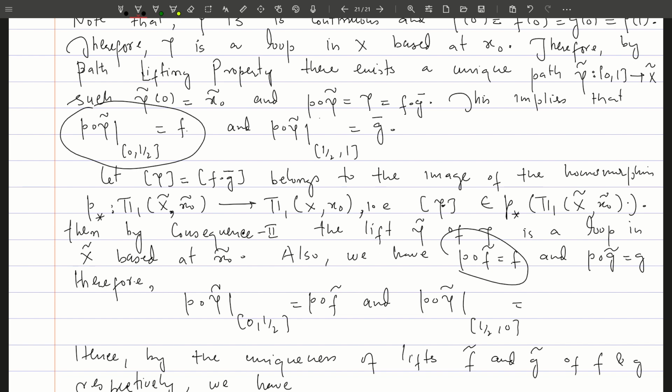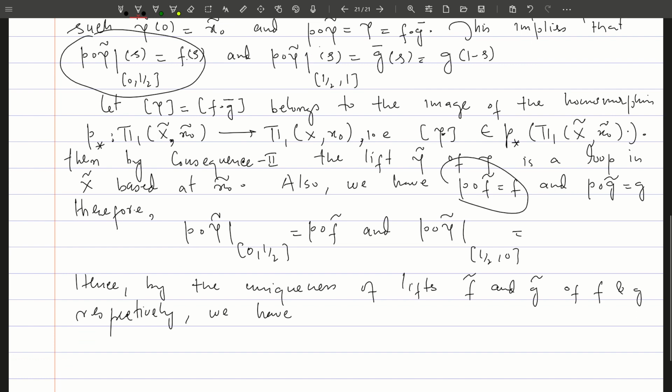So here we have the map. If we restrict this thing over 0 1 we get f, and if we restrict this thing over s we have a map g of s, which is the same as g of 1 minus s. So we can write this down here.